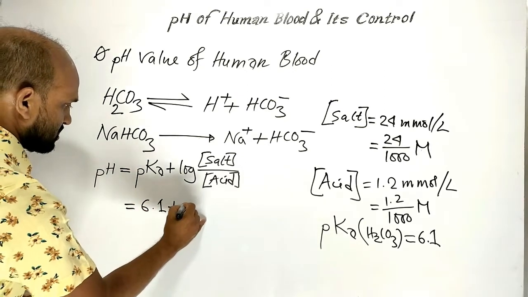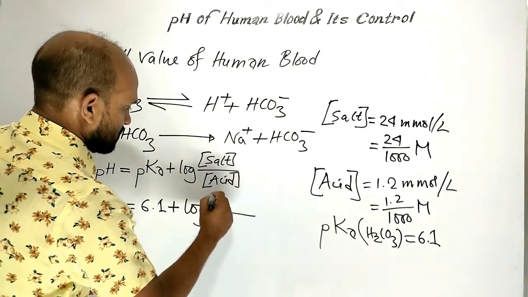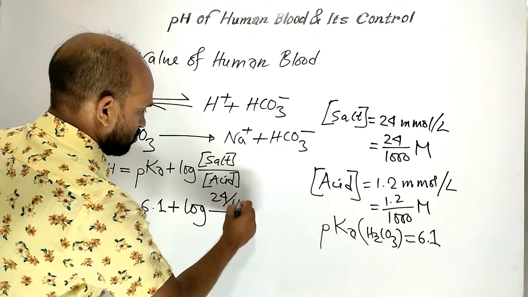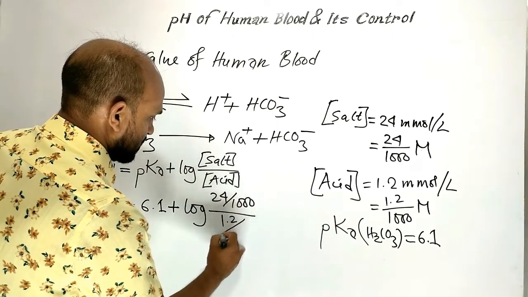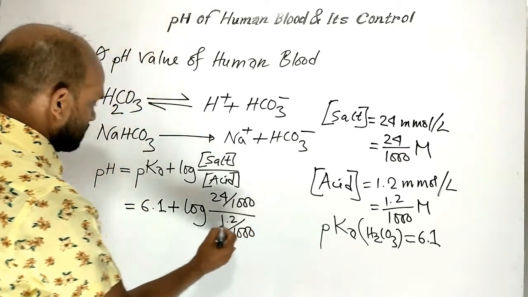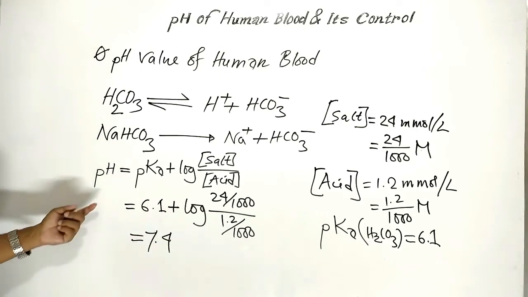6.1 plus log of 24 by 1000 divided by 1.2 by 1000. Finally, 7.4 is obtained.